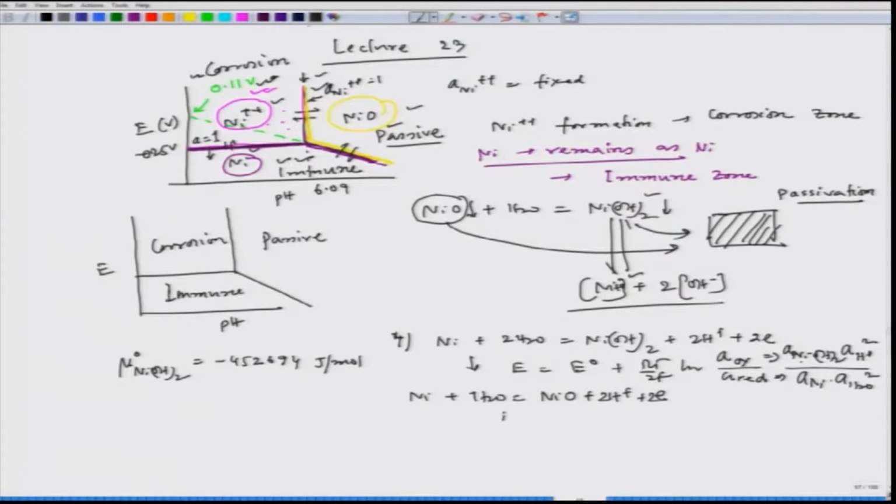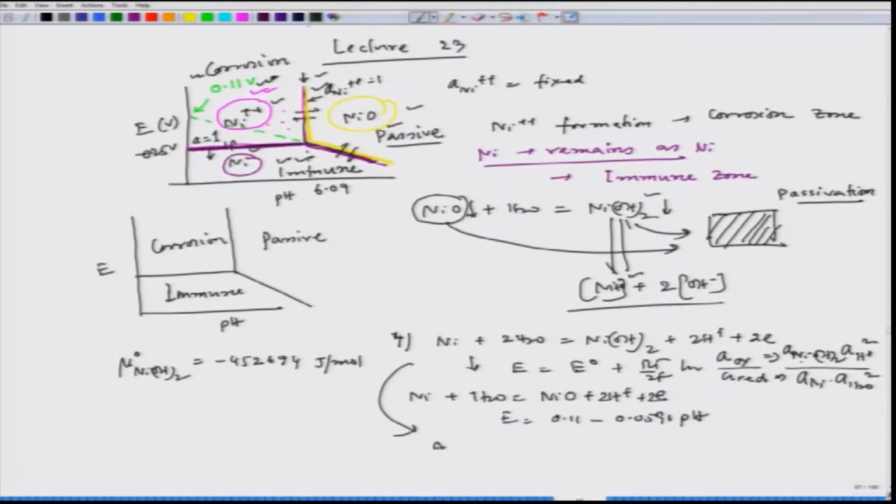So, here if we go back, you will see that this value would be 0.11 minus 0.0591 pH. Here also you will get the same value. Let us do that calculation.